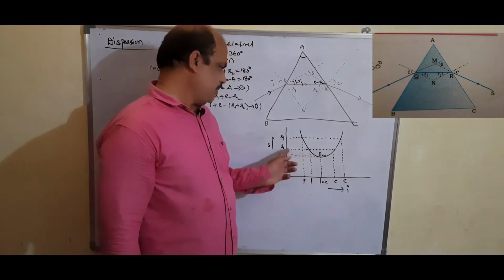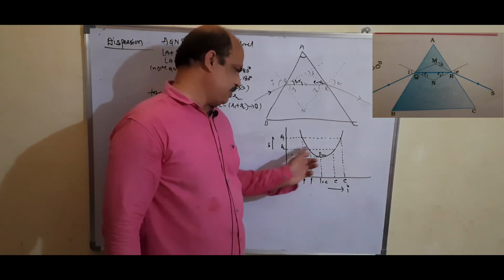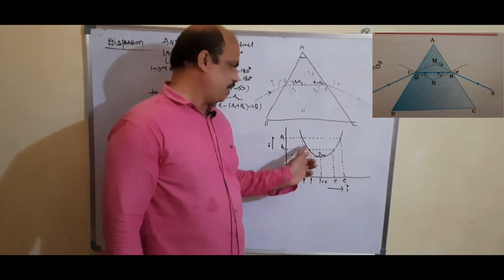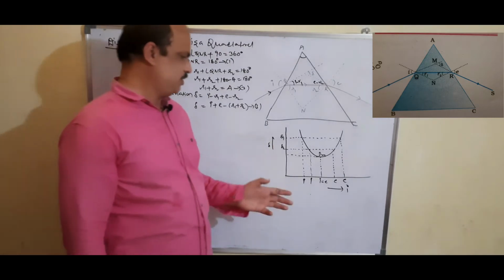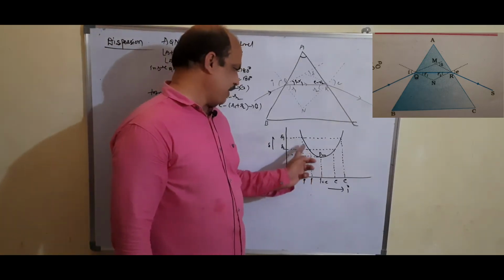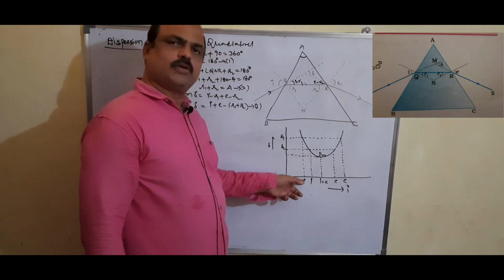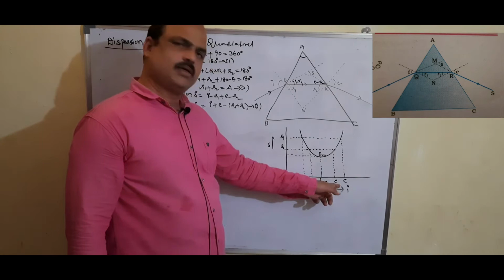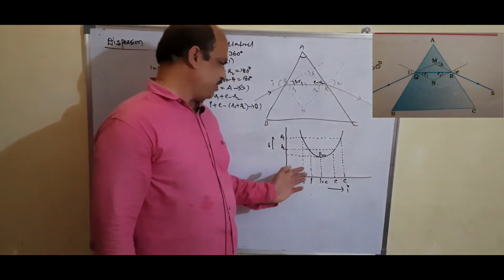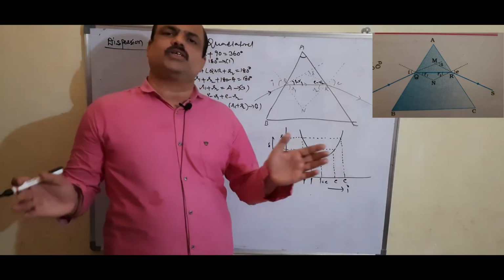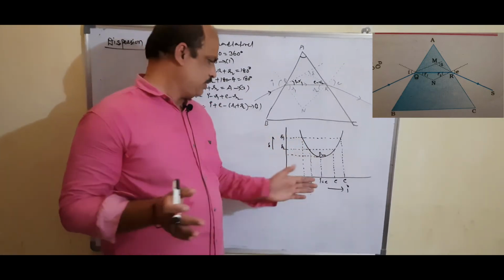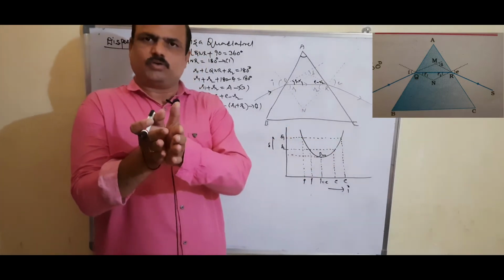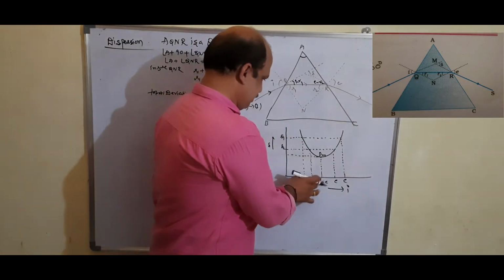We draw a line from this point. It cuts the parabola at 2 points. The corresponding angle of incidence for delta 2 is I, and from this side E. So when the angle of deviation decreases, I and E come closer.